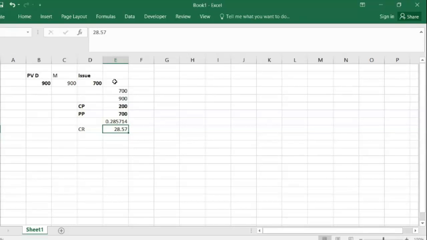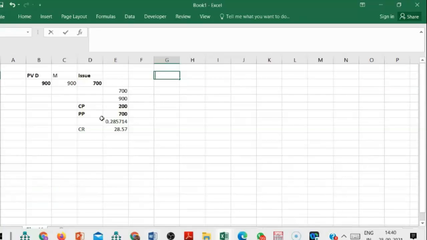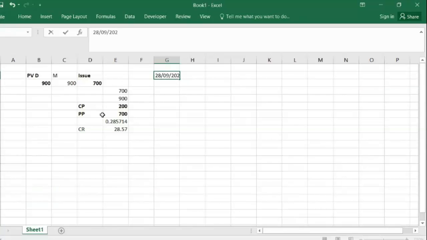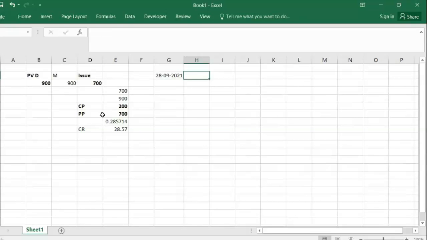It is 28.57%, but it is given for a different period of time. It is not declared for a particular year. Say you purchased this instrument from the market on 28th of September 2021 at the value of 700 rupees, and you will redeem it on 28th of September 2024, exactly after 3 years, for 900 rupees.